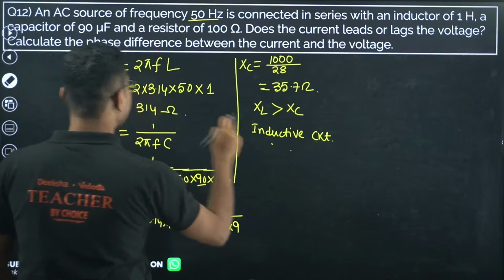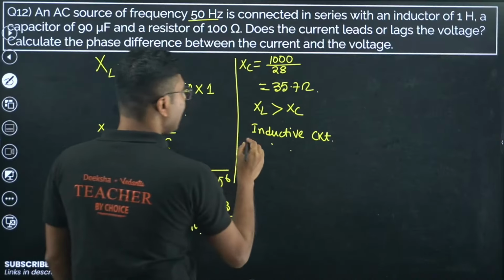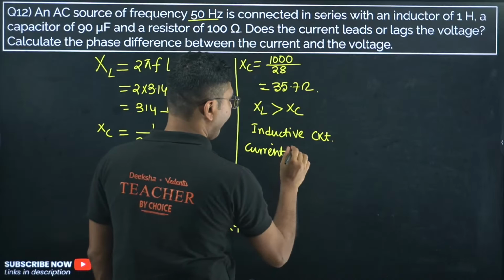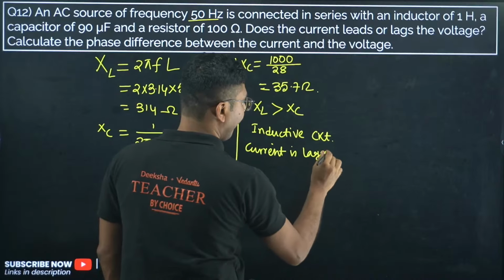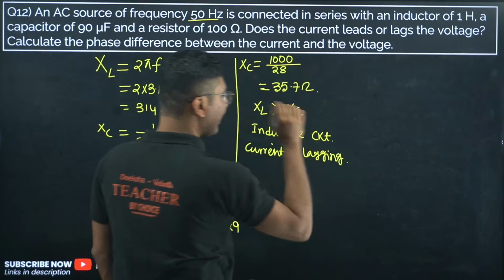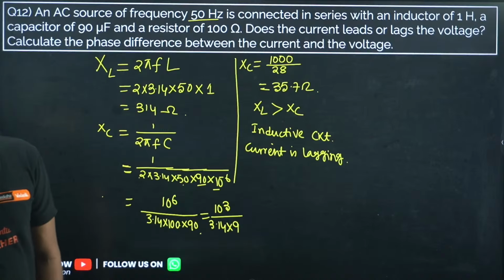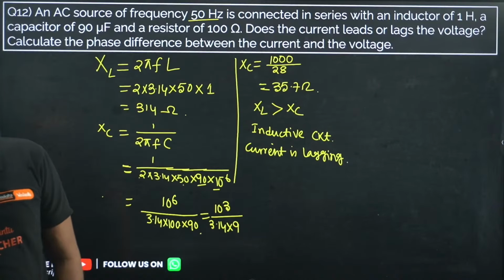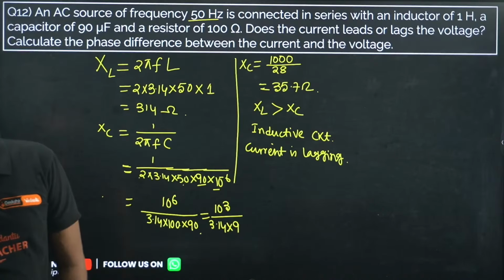So for an inductive circuit, if XL is greater than XC, then current is lagging.